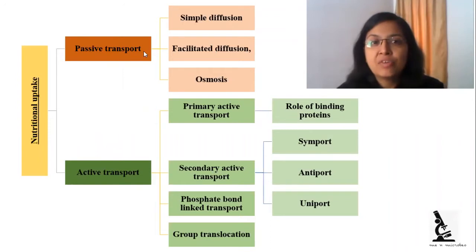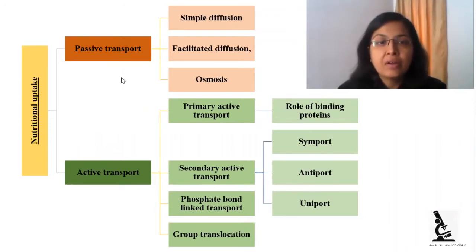Passive transport is again divided into three types: simple diffusion, facilitated diffusion and osmosis. These three combined are considered passive transport of the nutrient.